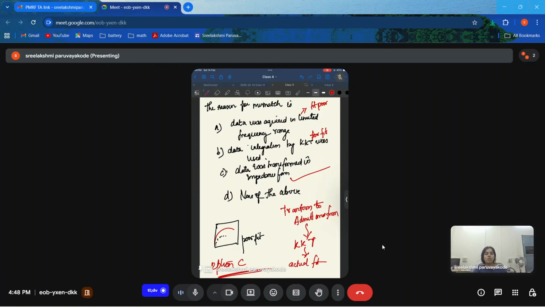Now next week we'll be discussing assignment 4. In the next class we'll be looking into the measurement model approach, where you will be using passive elements like resistor, capacitor and inductor. We'll be learning more about the Voigt circuit, then the Maxwell ladder circuit.